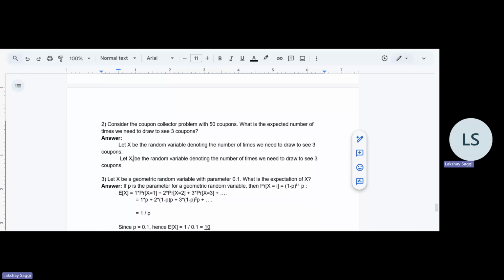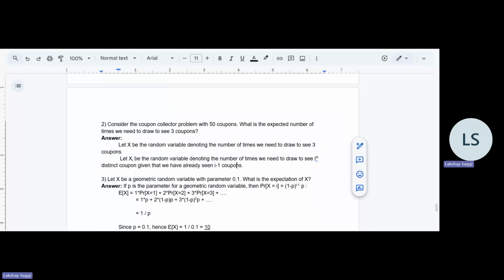So let xi be the random variable denoting the number of times we need to draw to see the ith distinct coupon, given that we have already seen i minus 1 coupons.